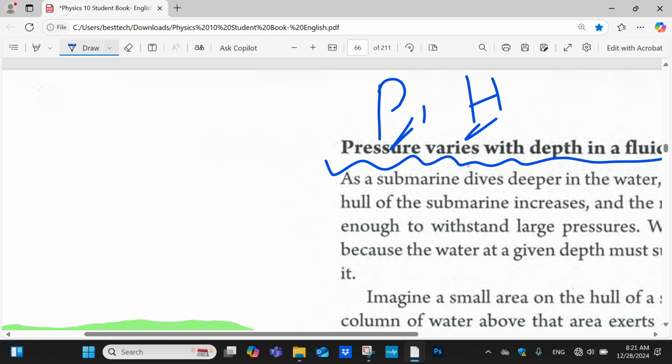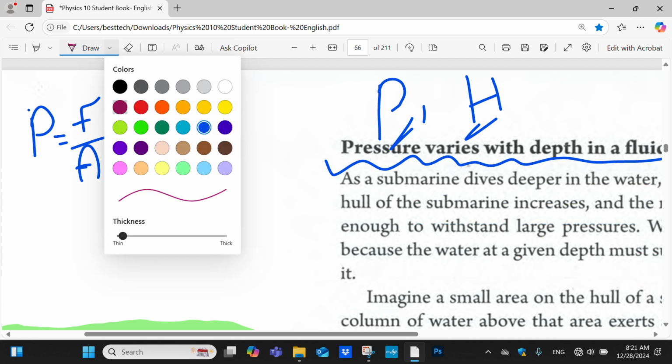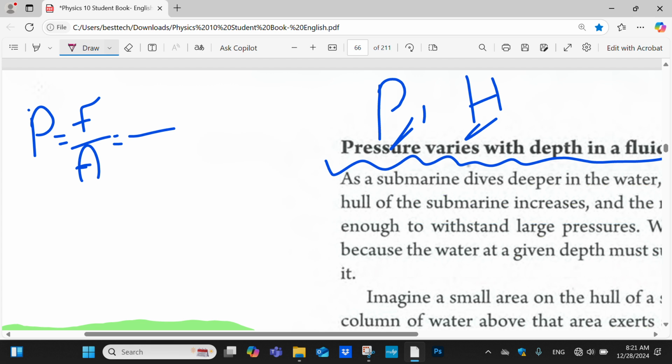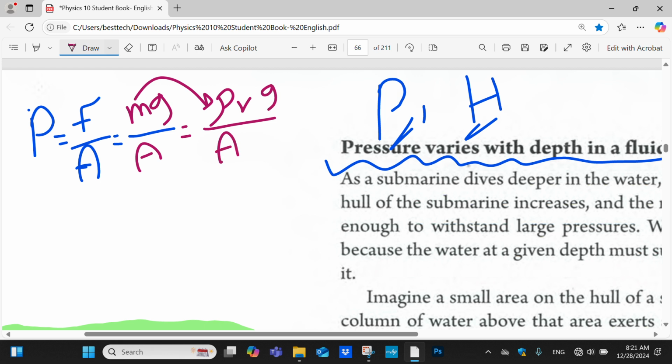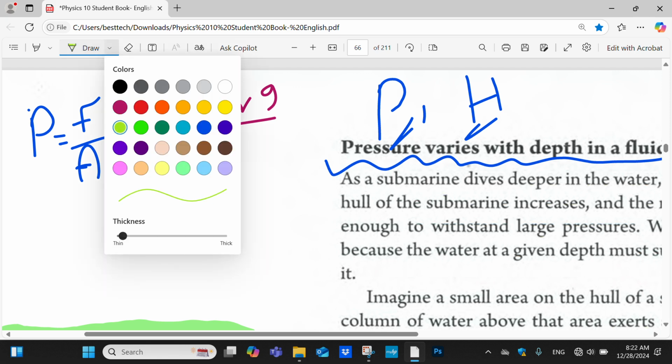Students, in the previous section we studied that the rule of pressure is P equals force over area. We know that force is always mg, according to Newton's law. Instead of the mass, we can write rho V, density times volume, and write down the acceleration again.